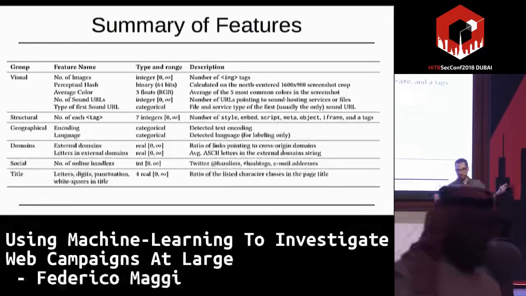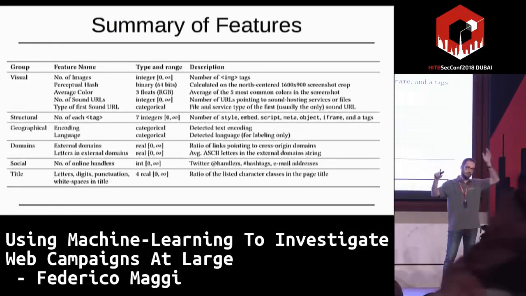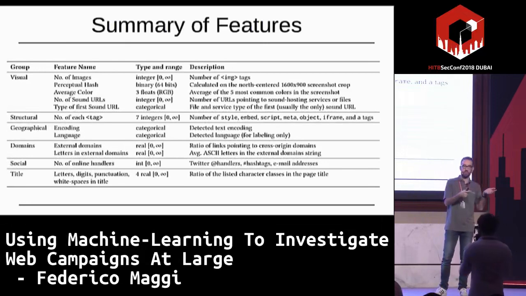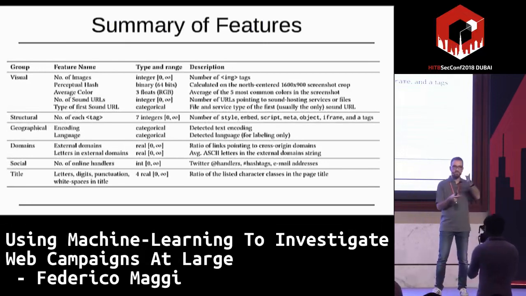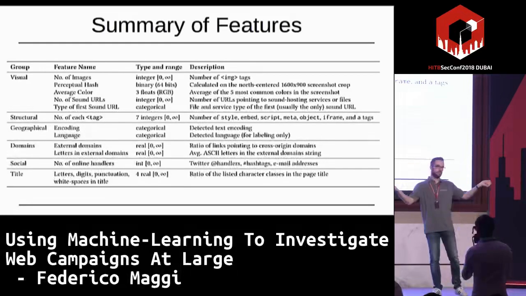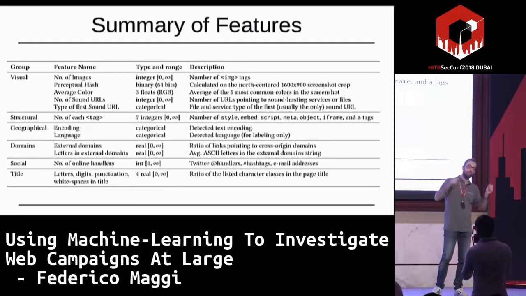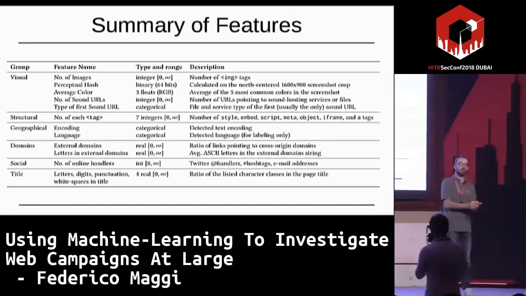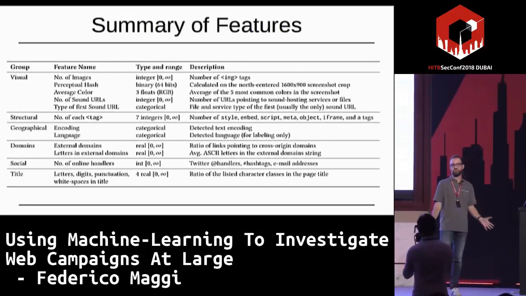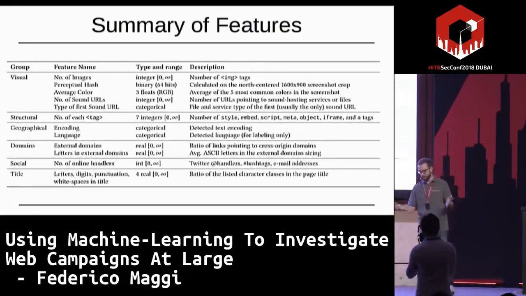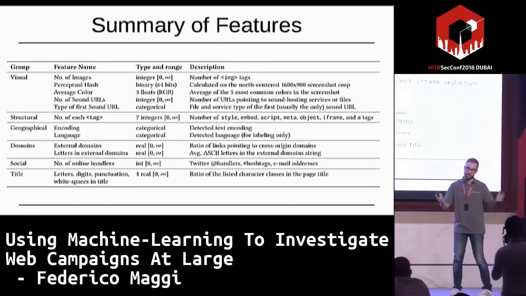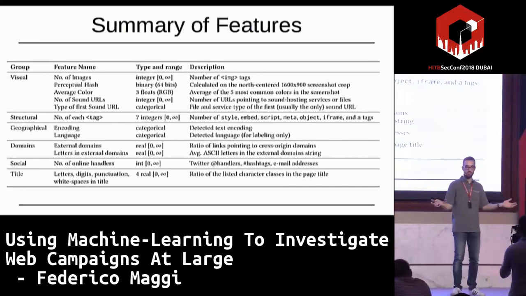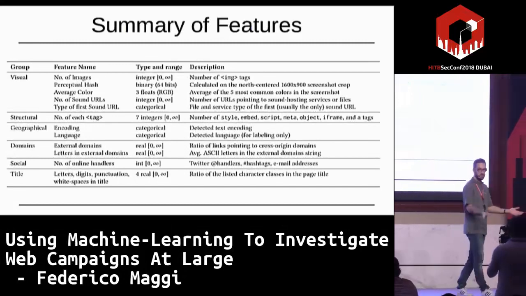You make an array, category 1, 2, 3, 4, and you convert them using one hot encoding, which means you put a 1 exactly where the category matches, and all the rest is 0. You usually want to keep these categorical features to a minimum. You don't want to have many of them, and you want to keep the number of categories as low as possible, because it's very easy to explode the number of features if you have too many categorical features with many categories.